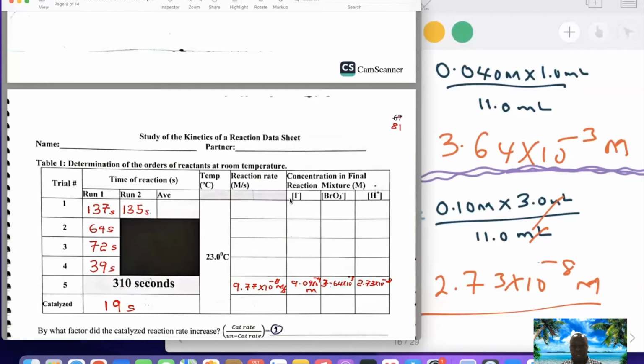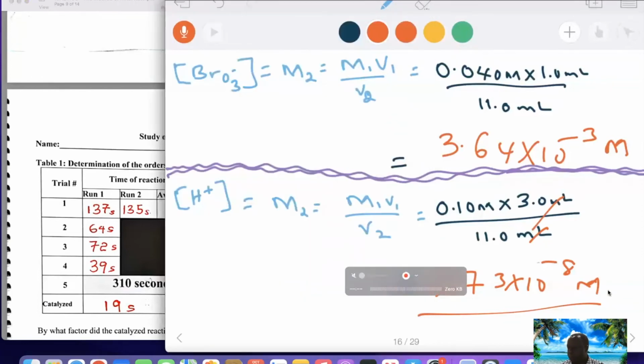The concentration of bromide should be constant, the concentration of hydrogen should be constant, and this one is changing. And last, to find the reaction order with respect to hydrogen, pick 2 experiments where the concentrations of iodide and bromide are constant while the concentration of hydrogen is changing, and you use the method of initial rate to find the reaction orders for each one of them.